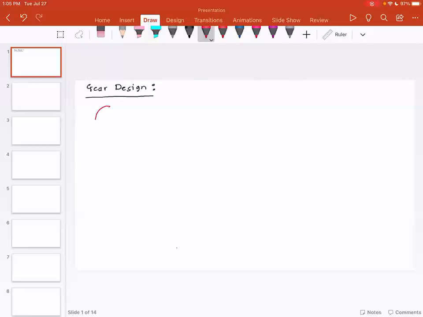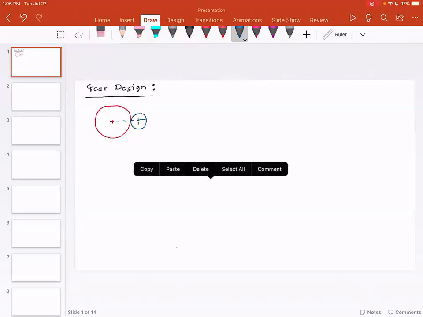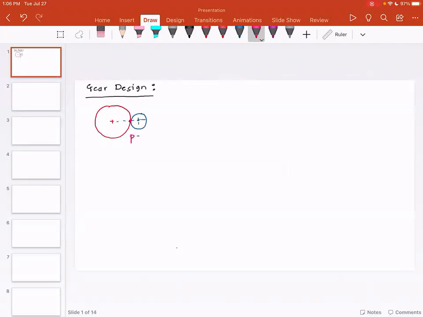So think about, like, you have one wheel, then you have another wheel. They are making a contact, and this is called point P, which is the point of contact.